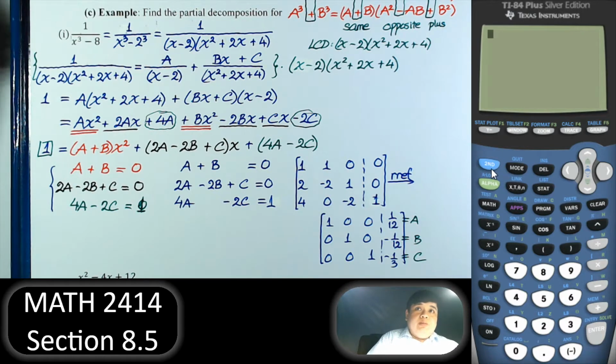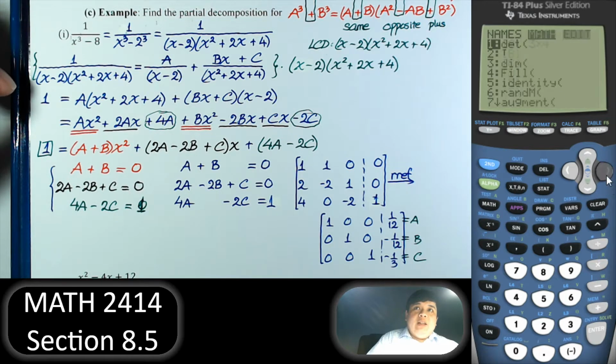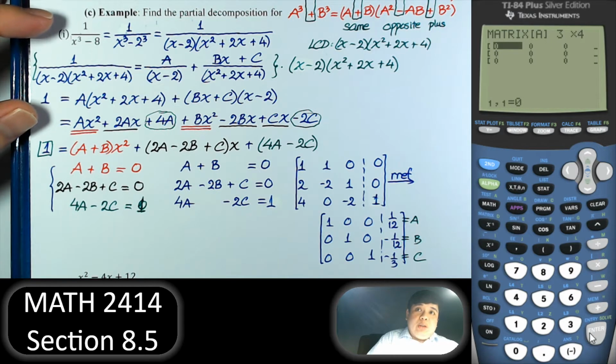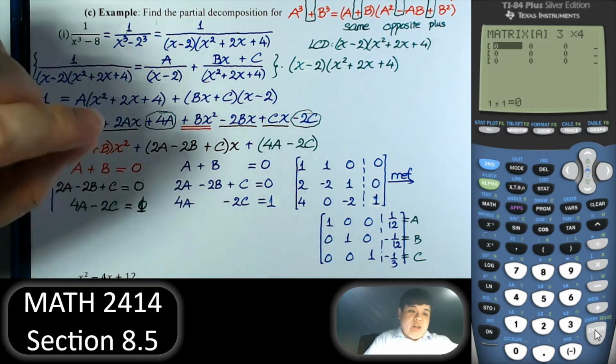Right. Let me do that again. In the old form of the calculator, we hit second matrix, go to edit and input the matrix. Now it has 3 rows, 4 columns. In this environment, we're going to use enter to move to the next cell.